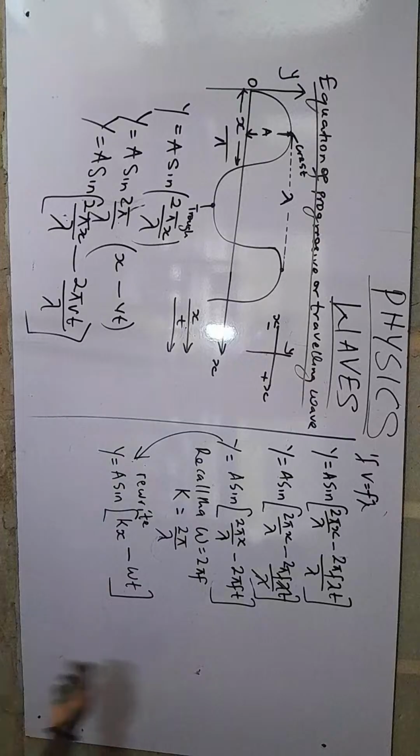Now, from what you have in this place, there are different expressions you can begin to come across. This expression that you are seeing on the board represents what we call the equation of wave, as you can see. So we have as many as possible.